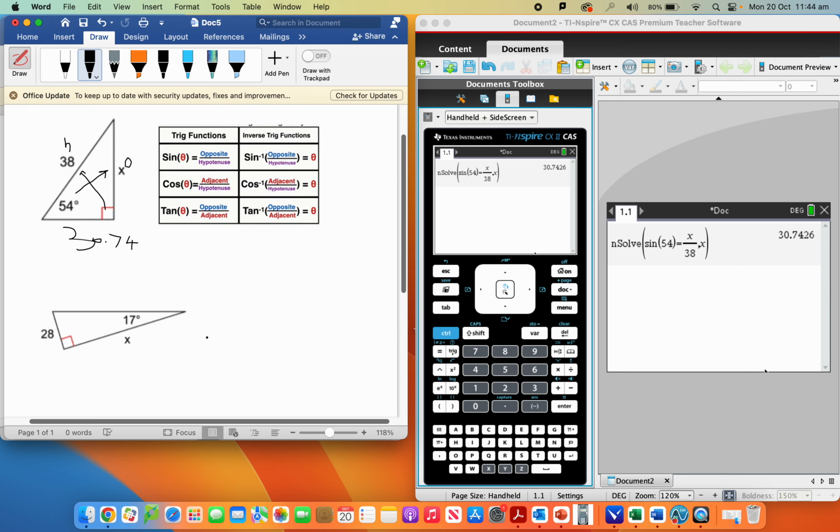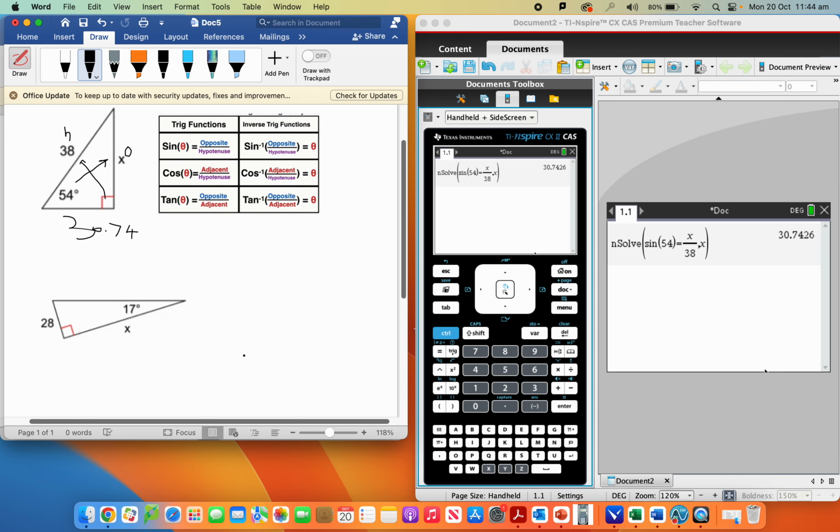So let's look at this next example. Again, we're going to label the triangle. Here is our hypotenuse, but we're not going to worry about the hypotenuse because it's not part of the equation or the problem. We know our angle, and we've got our side that's here, which is our opposite side.